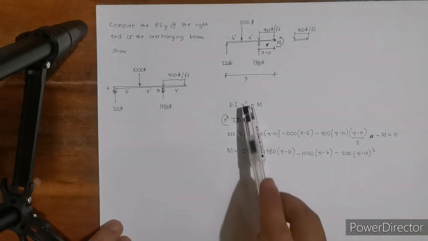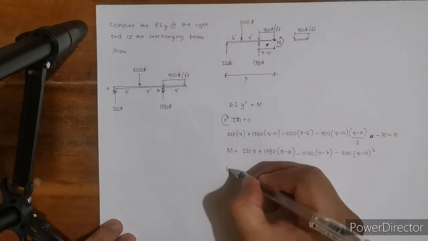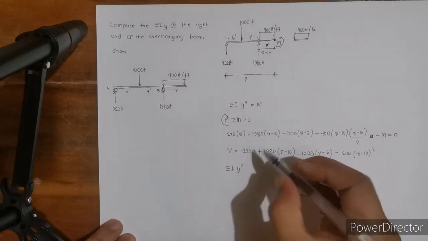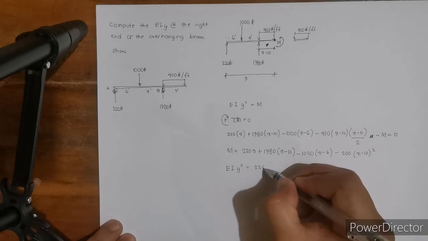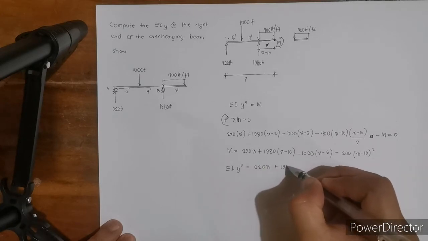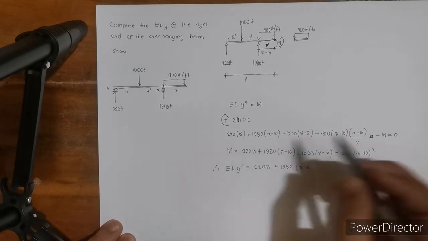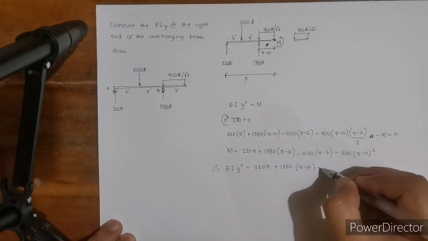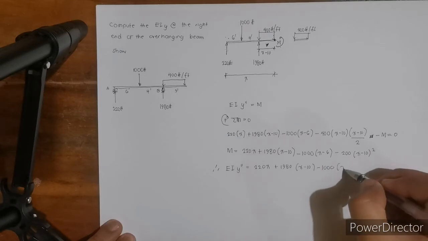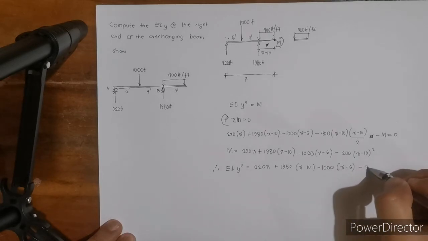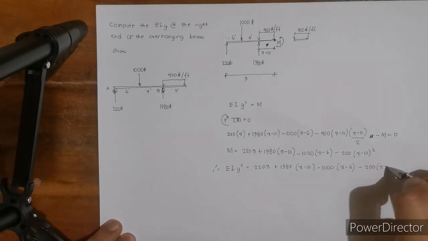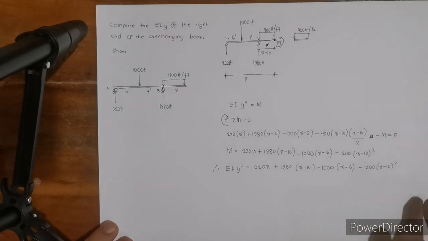So, substituting sa ating equation, EI y double prime is equivalent to 220x minus 1980, so, therefore natin nun, minus 1000 x minus 6 minus 200 x minus 10 quantity squared.